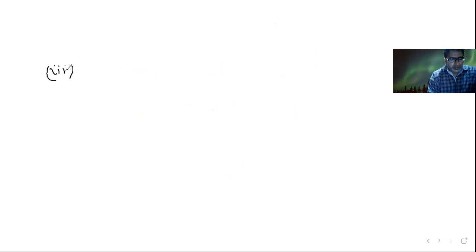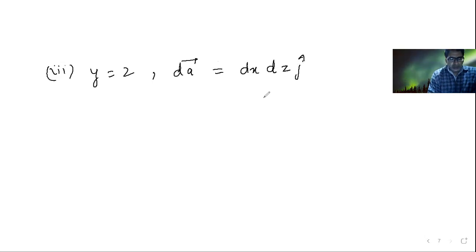For third phase, y is 2. Because of the location of the phase, it is located at the coordinate y is equal to 2. What is dA? dA is dx dz j cap, because third phase is parallel to xz plane. That's why it is dx dz.